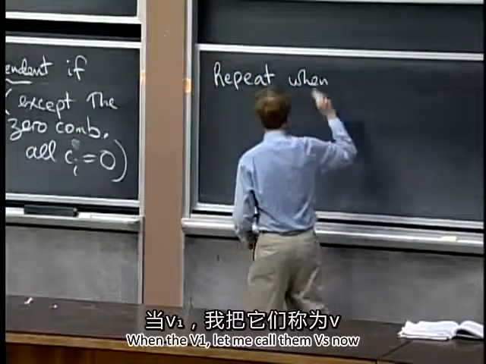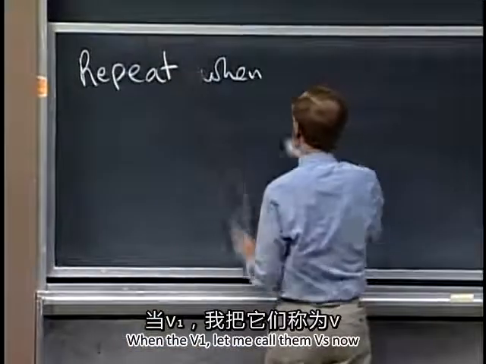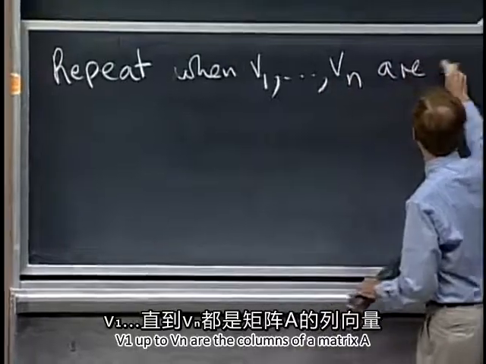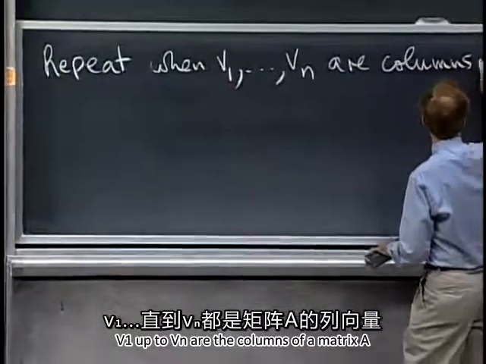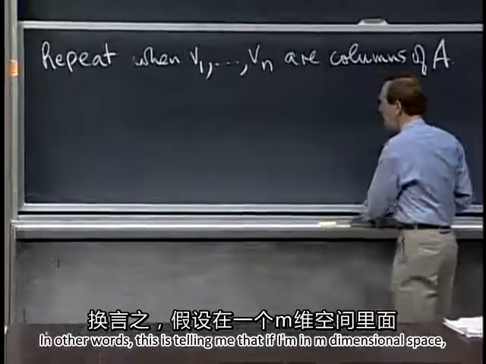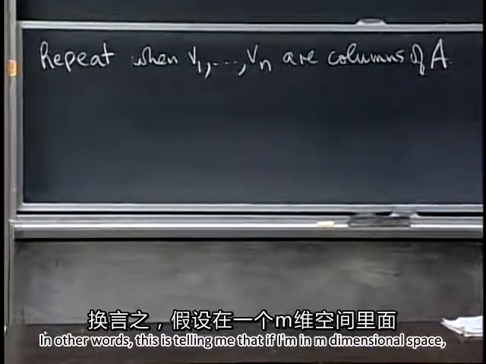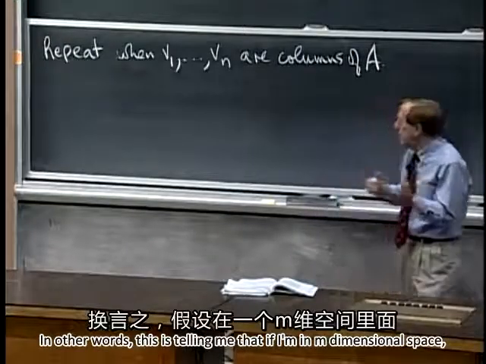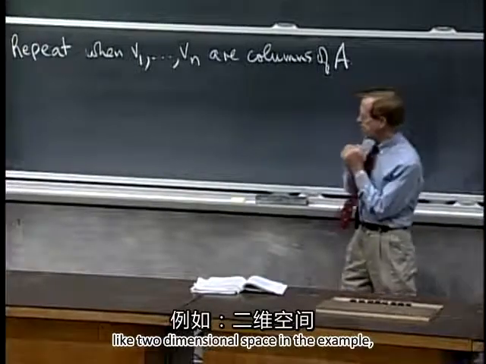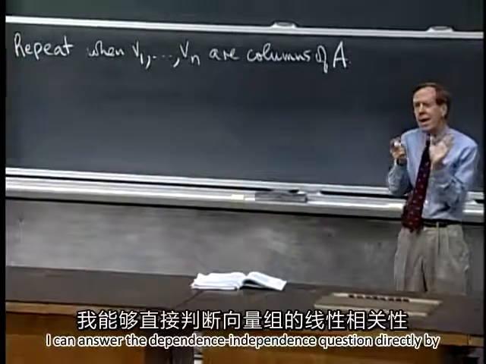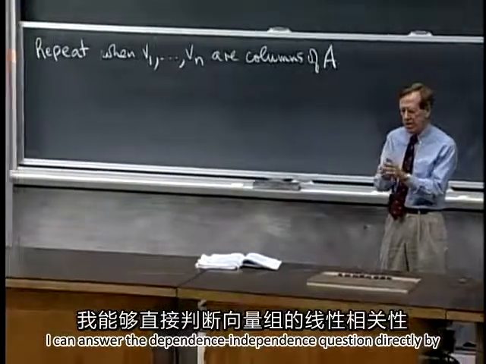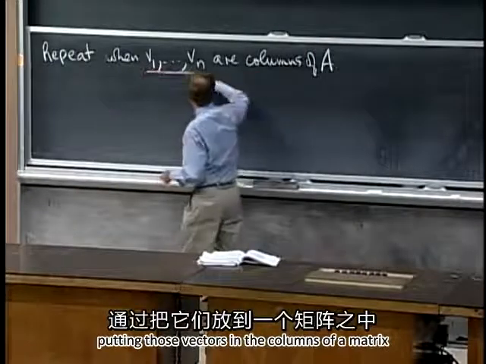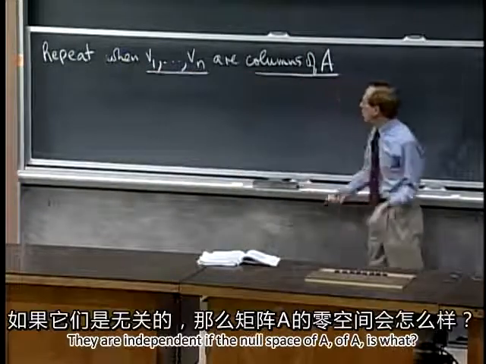When v1, let me call them v's now, v1 up to vn are the columns of a matrix A. In other words, this is telling me that if I'm in m-dimensional space, like two-dimensional space in the example, I can answer the dependence-independence question directly by putting those vectors in the columns of a matrix. Then are they independent?